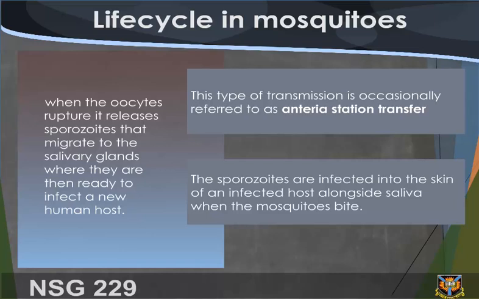When the oocysts rupture, they release sporozoites that migrate to the salivary glands, where they are then ready to infect a new human host. This type of transmission is occasionally referred to as anterior station transfer. The sporozoites are injected into the skin of the host alongside saliva when the mosquitoes bite.